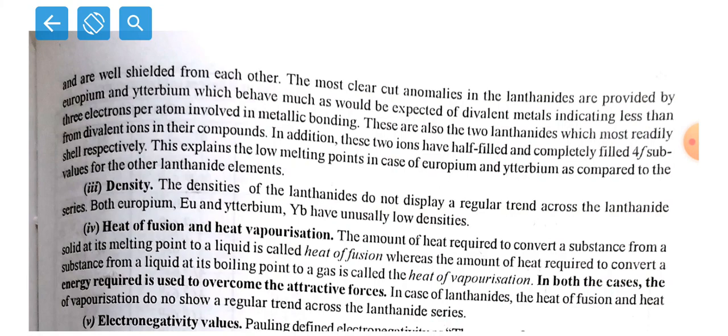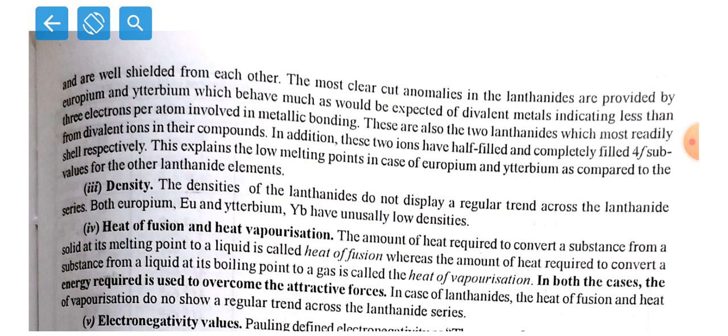These are also the two lanthanoids which most readily form divalent ions in their compounds. In addition, these two ions have half-filled and completely filled 4f subshell respectively.